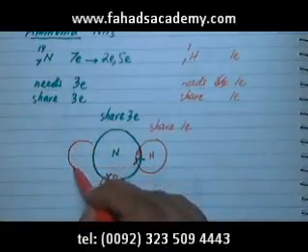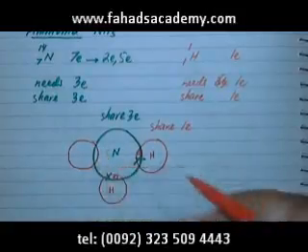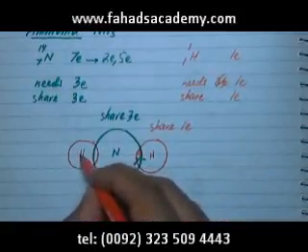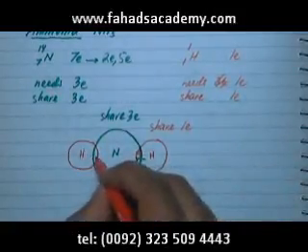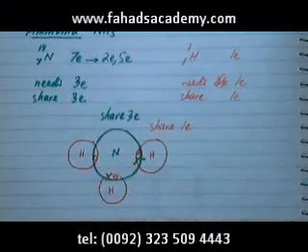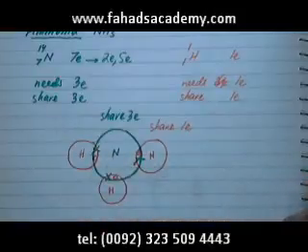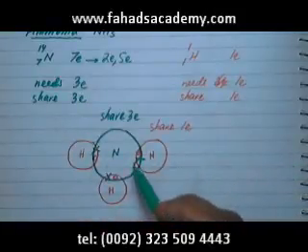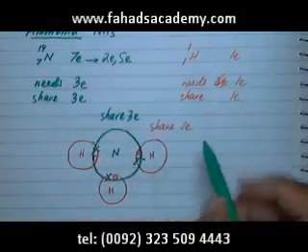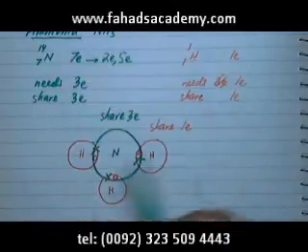So you're going to have another hydrogen. That hydrogen ends up sharing an electron with nitrogen, and nitrogen shares an electron back with that hydrogen. So now nitrogen has shared three electrons, and each of the hydrogen is sharing one electron each.